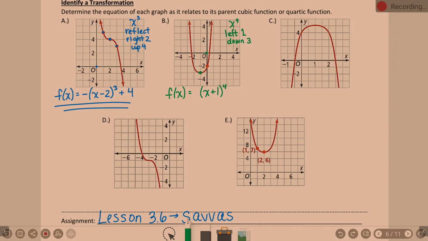Down 3 goes outside the parentheses. If there was a reflection or a stretch or compression, it would go there in that gap I accidentally left. Looks like I left the gap because we need to put something in there. I don't know what I would put in there, though. Okay, let's keep moving.